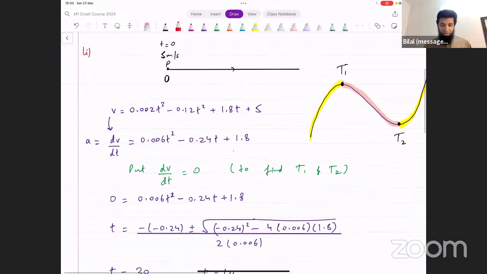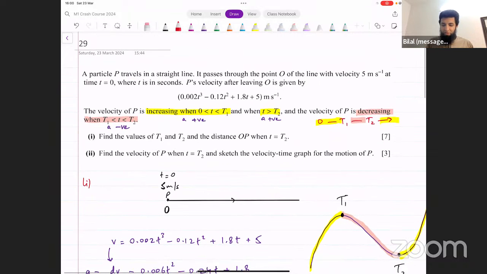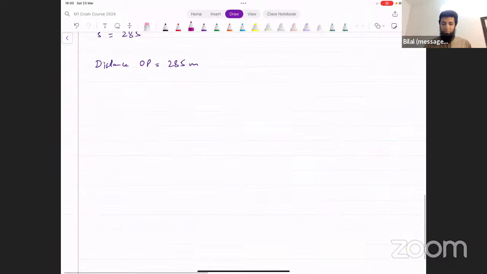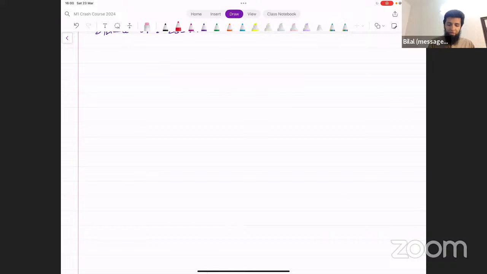Let's look at the second part quickly now. It says find the velocity of P when time equals T2 and sketch the velocity time graph for the motion of P. Now, velocity of P when time equals T2. We have the velocity function given.